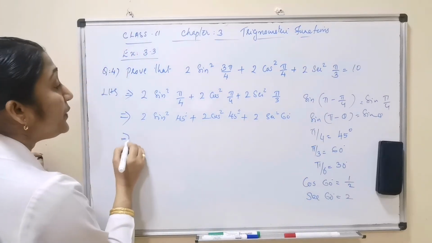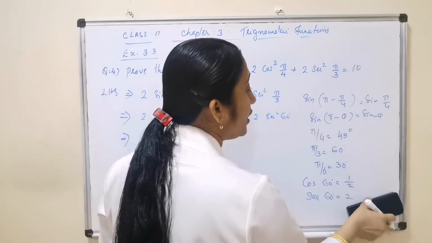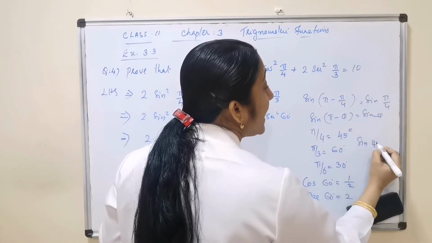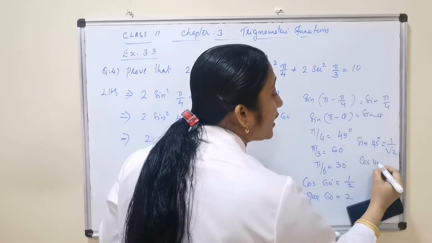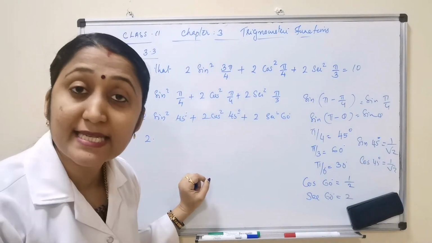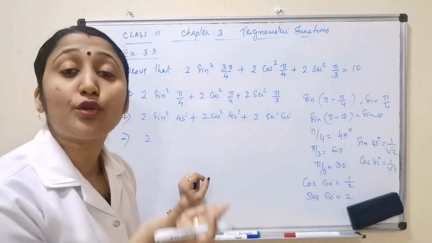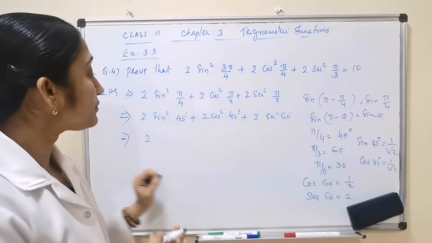What is the value of sine 45? Sine 45 is equal to 1 by root 2, and cos 45 is equal to 1 by root 2. We already studied this. If you thoroughly go through that table, then only can you understand this problem.